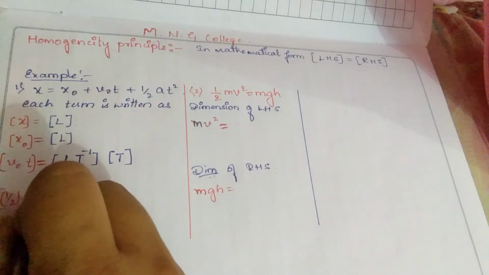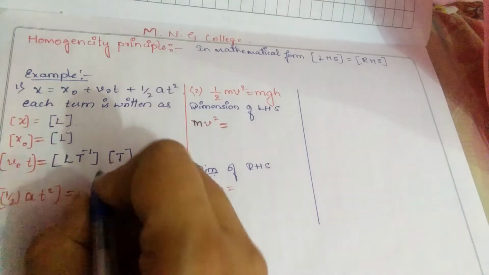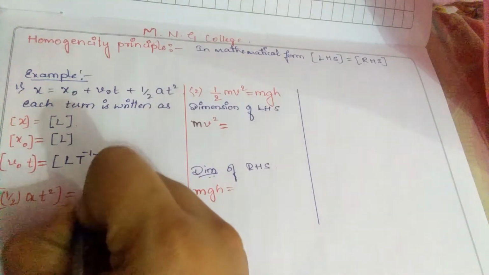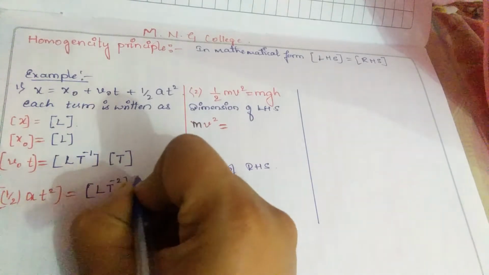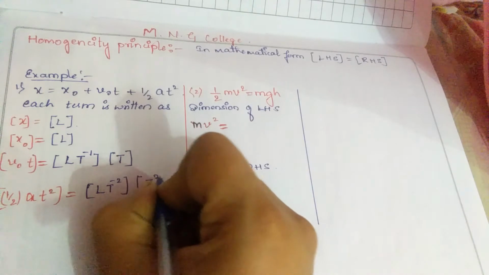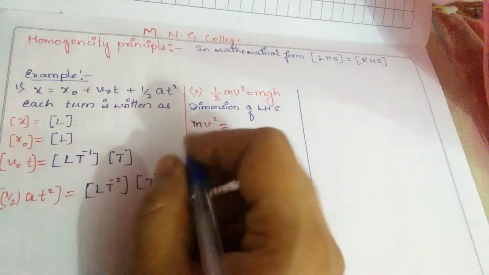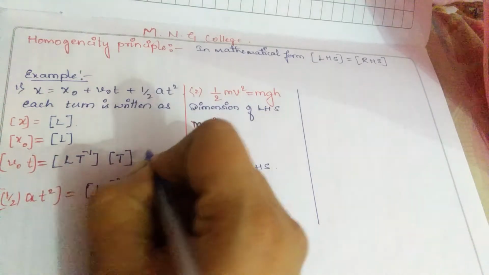And a is acceleration, that is L T to the power of minus 2, and time t means T square. So here T and T get cancelled.